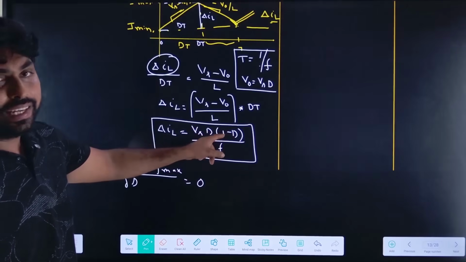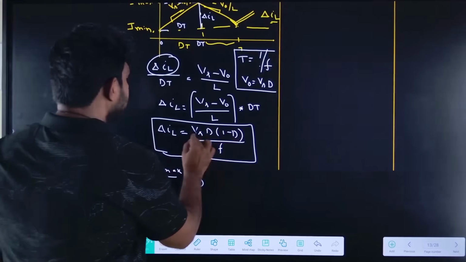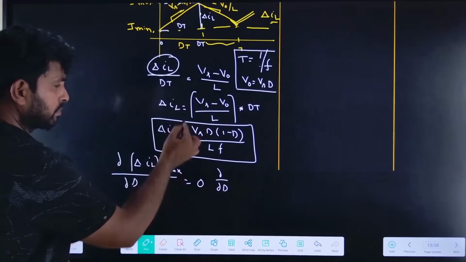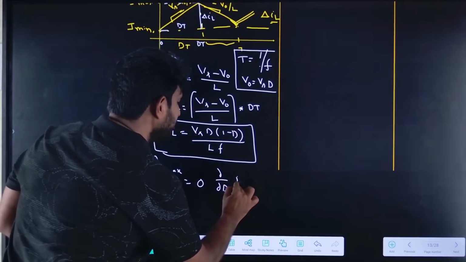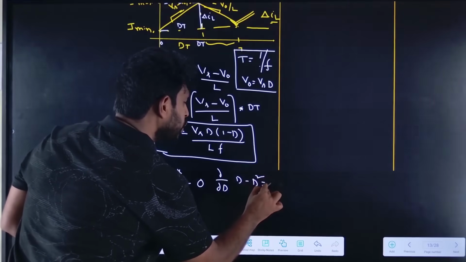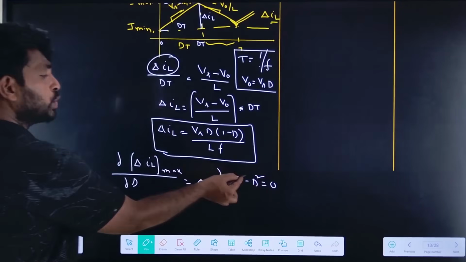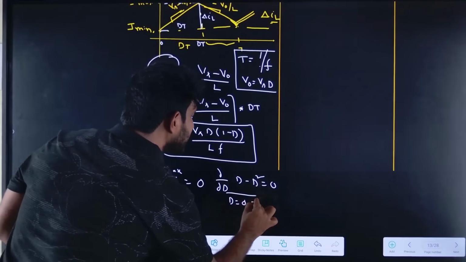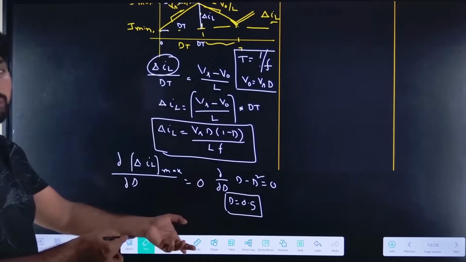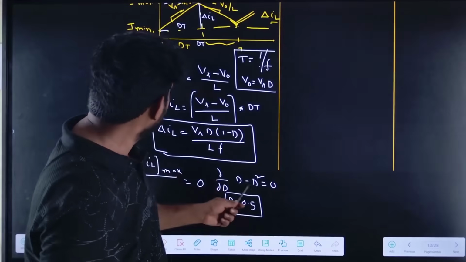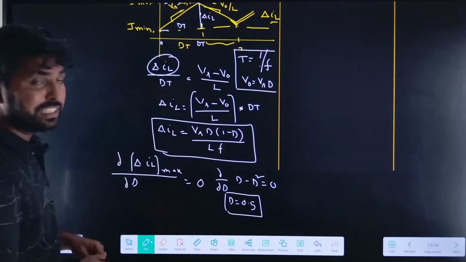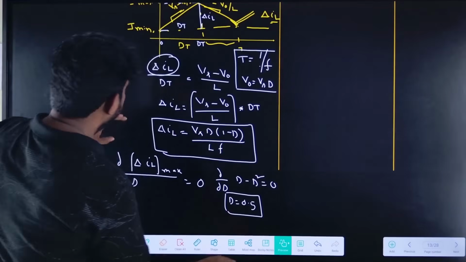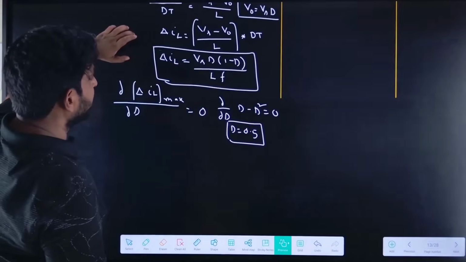So if I differentiate dou by dou D of D minus D square, it should be equal to 0. So that is 1 minus 2D equal to 0, D equal to 0.5. At duty cycle equal to 0.5, this point is important, the delta IL will be the maximum. Delta IL is the maximum current ripple.